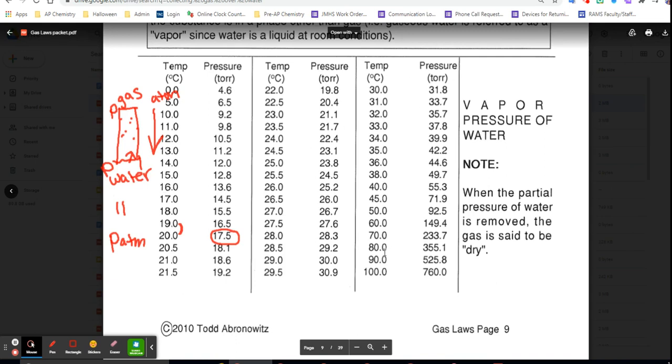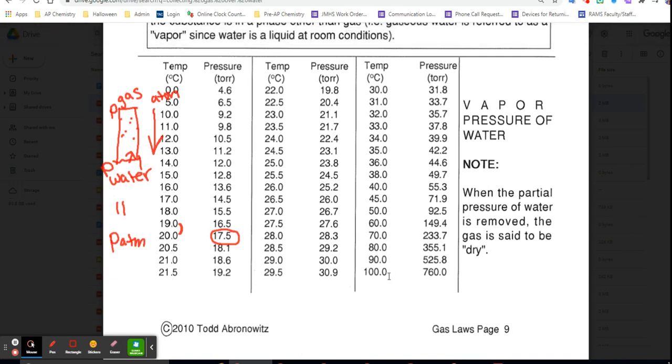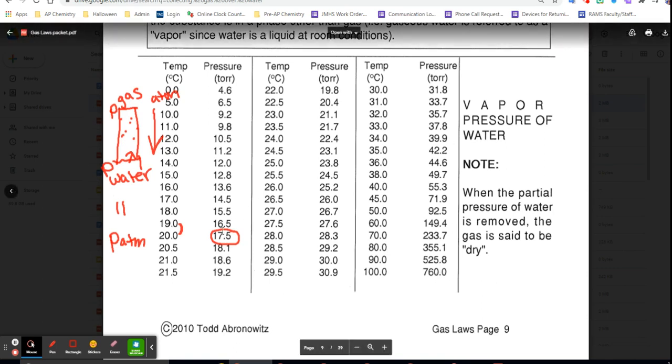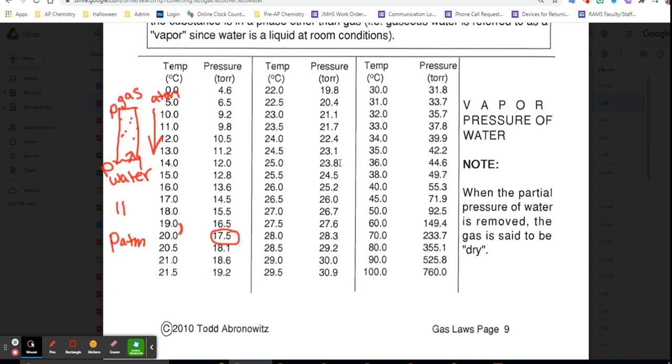So as you see, if we get really hot, like this right here, this is boiling, we have a pressure of 760. That's crazy, right? That's like atmospheric pressure. Whereas if we have it down here at room temperature, about 25 degrees Celsius, we have it at only 23.8.